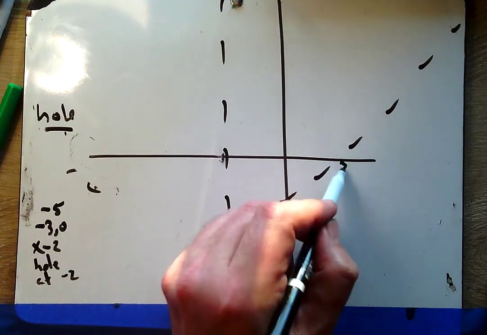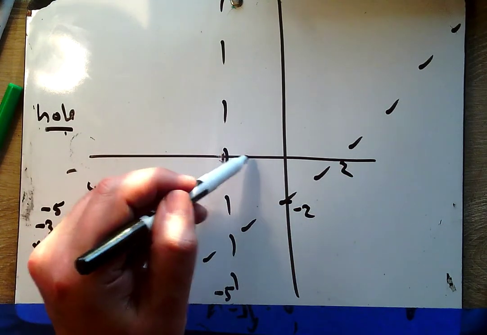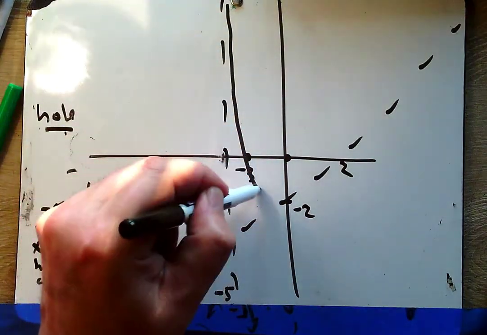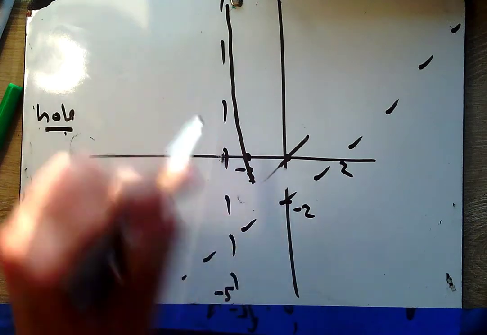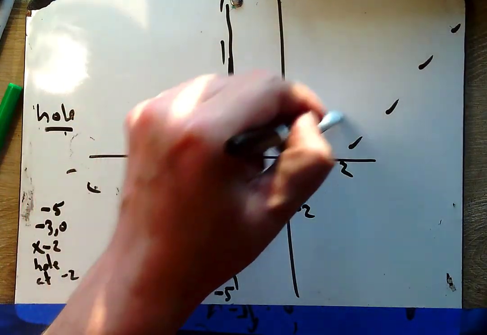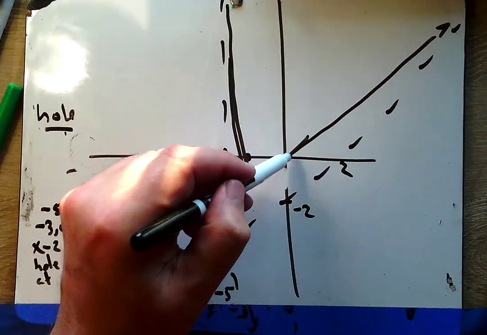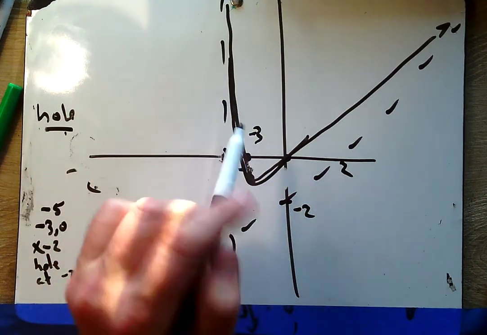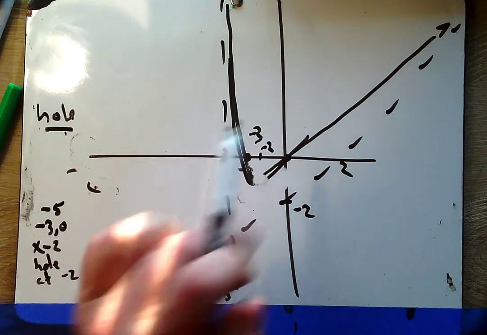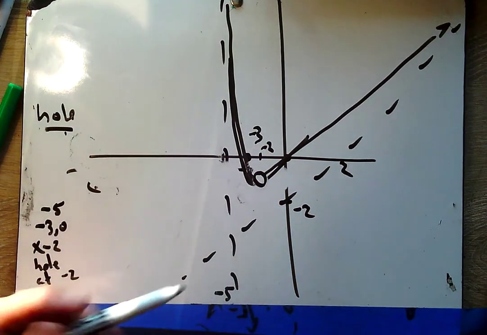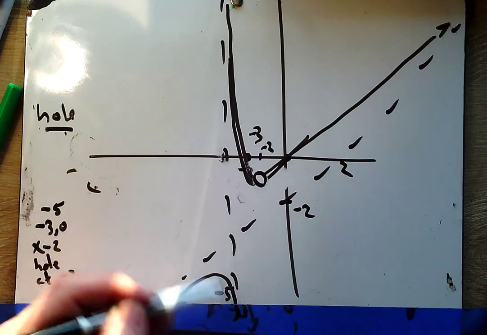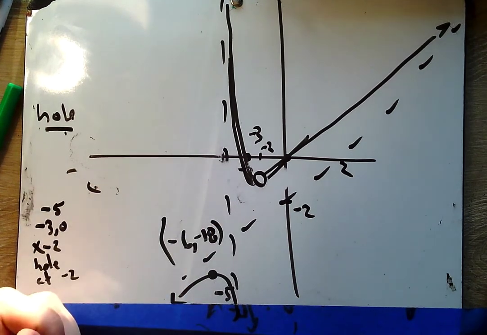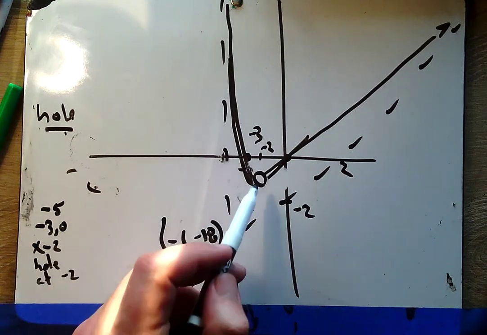This is -2, this is 2. We set it -3 and it's 0. Oops, too far. -3. And at -2, there's a hole. And then we have this piece down here, and we labeled -6, -18. Okay, there we go. I can see that hole now.